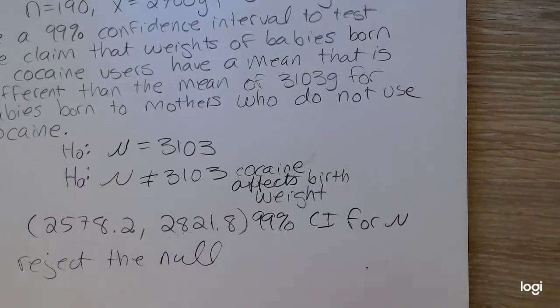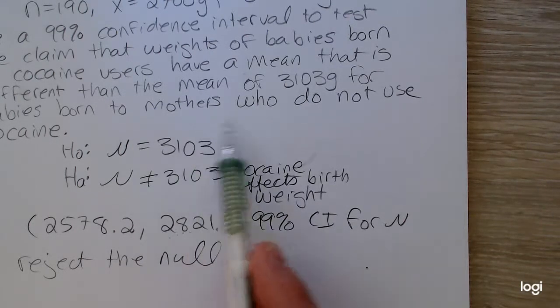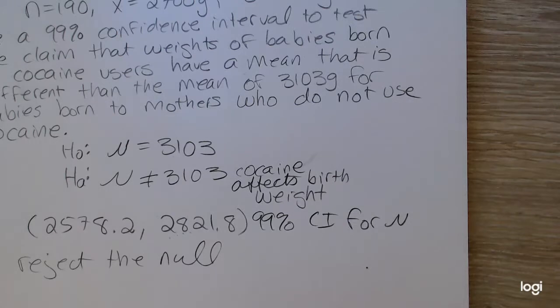And the correct way to say that is that there is sufficient evidence to support the claim that the weights of babies born to cocaine users have a mean that is different than the mean of babies born to mothers who do not use cocaine.